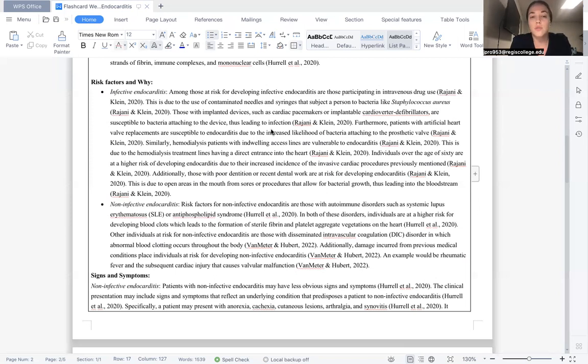We also see those who have poor dentition or recent dental work done becoming more likely to develop endocarditis. That's because these patients have open sores in their mouths, and these procedures open up different areas of the gums, which allows for bacterial growth that will then lead into the bloodstream.